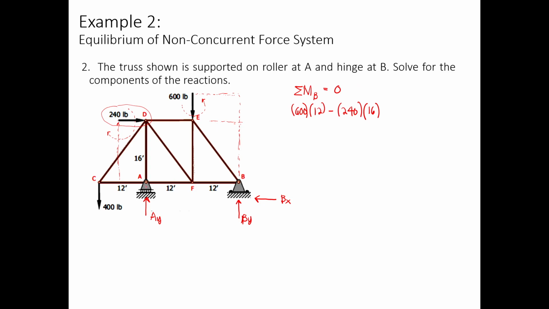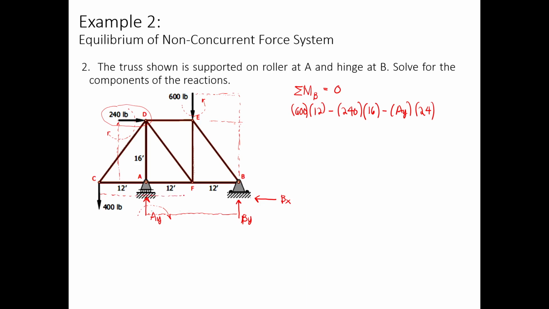Next is our A sub y. The distance from point B is 24. Again, if we push the tail, the rotation will be clockwise, so that is negative. So negative A sub y times 24. And then lastly is the 400-pound force.